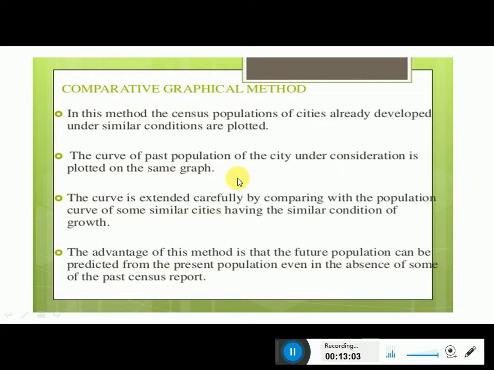That means we plot the populations of 3 to 4 different cities on the same graph, and the city whose population is to be estimated is also plotted. By comparing with the growth patterns of the 3 to 4 different cities, the population of the unknown city can be estimated. This is usually done when there is an absence of census data for a particular town or city.